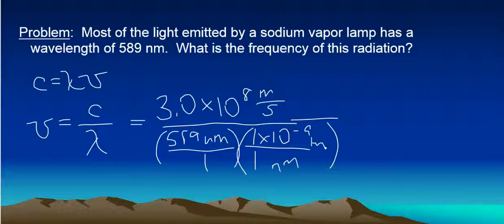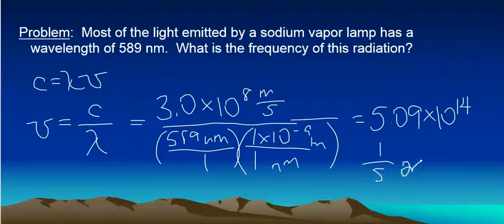So the frequency of this radiation comes out to be 5.09 times 10 to the 14th. The units are either reciprocal seconds, 1 over s, or frequency is also measured in hertz. Those are the same units, 1 over s or hertz.